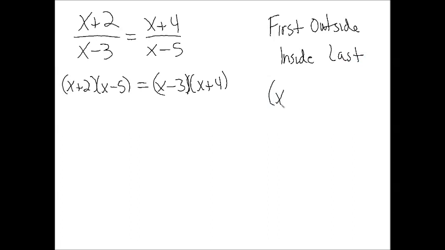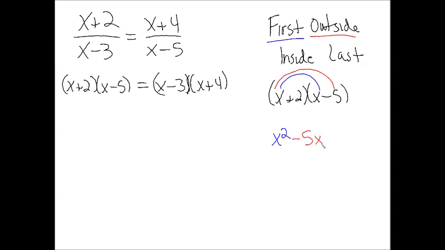So if I have x plus 2 times x minus 5, for the first, the F part of the FOIL, I'm going to multiply x times x. And that gives me x squared. And then for the outside, I multiply the two numbers on the outside of the parentheses, so x times negative 5. So that's negative 5x. And then the inside, those are those two.